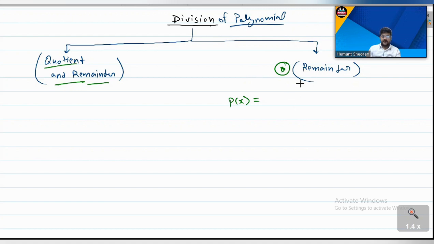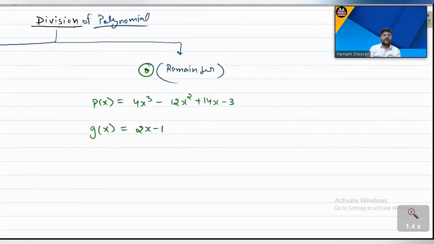Let's take it as 4x cube minus 12x square plus 14x minus 3, yes or no? And the divisor was g(x), that is 2x minus 1. Now if the question only asks you to find the remainder, you don't need the quotient. So what are you going to do?